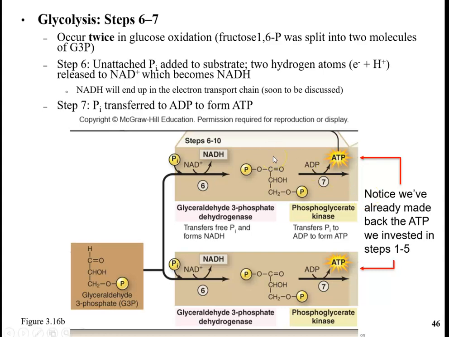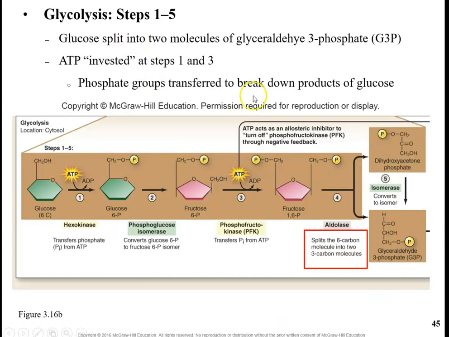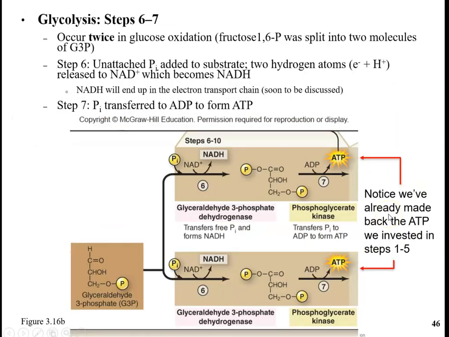Steps 6 through 7 occur twice in glucose oxidation because that fructose molecule was split into 2 molecules of G3P, right? So it goes from 1 molecule to now 2 molecules. So steps 6 through 7 will occur twice.